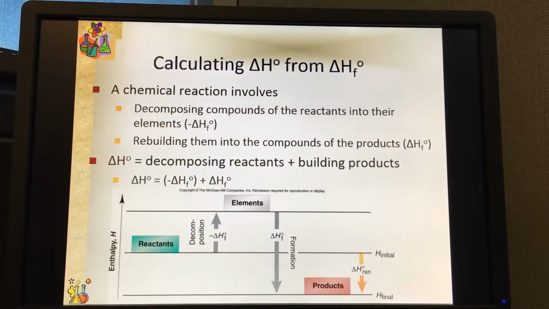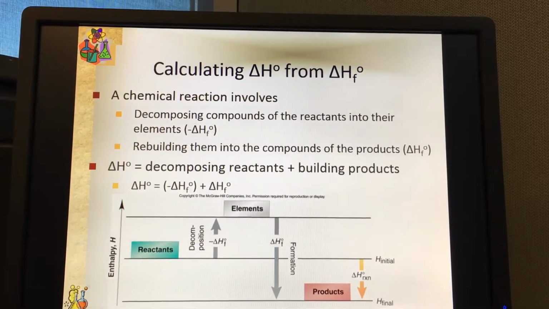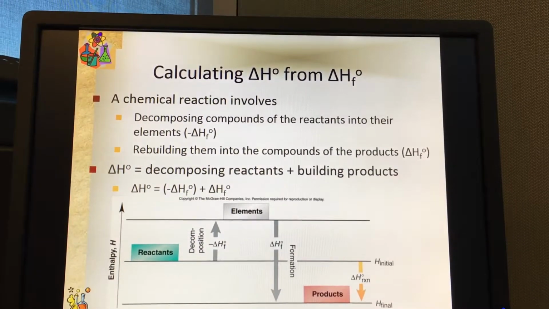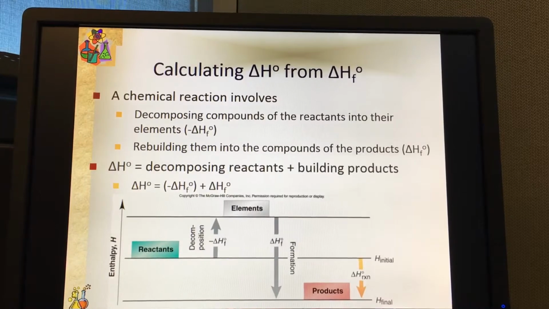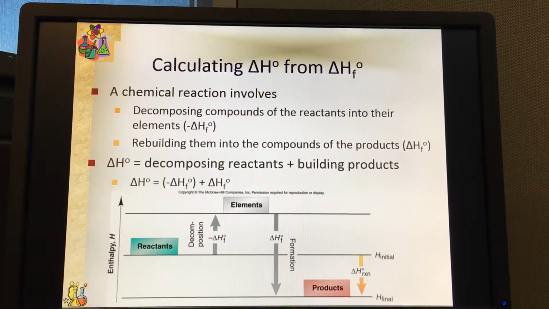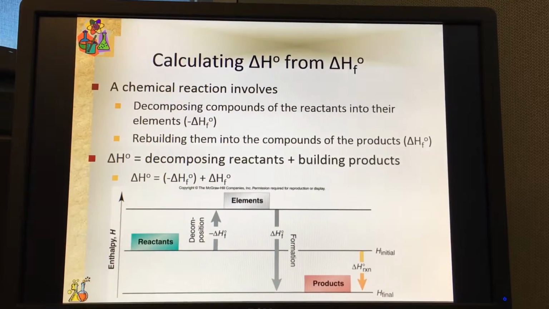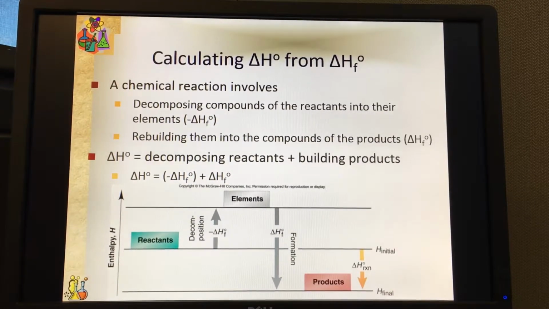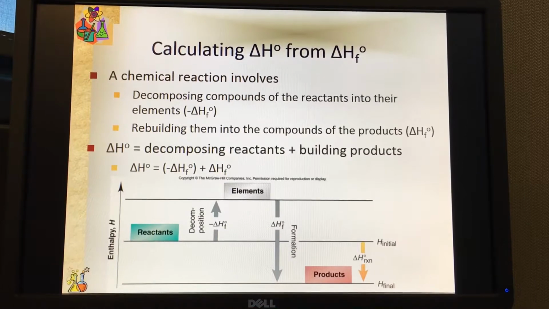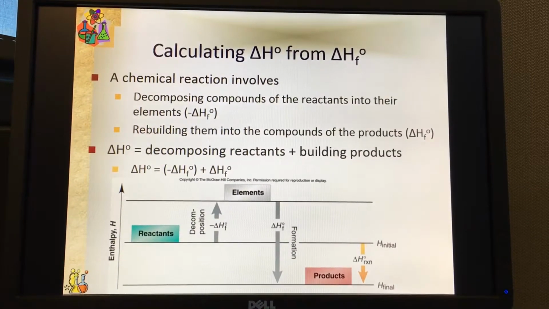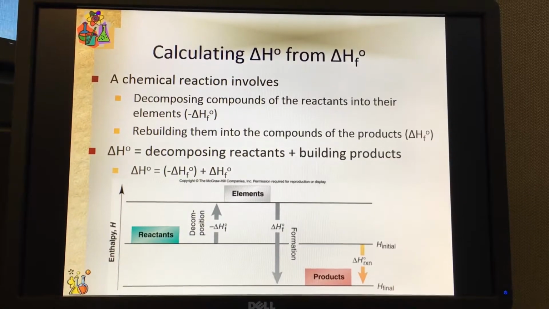We can calculate the enthalpy of a chemical reaction by examining the enthalpy of formation of all of the elements and compounds involved in the chemical reaction. So if our chemical reaction involves making compounds, we can view this change as breaking the compounds down into elements and then taking those pure elements and reforming the products.